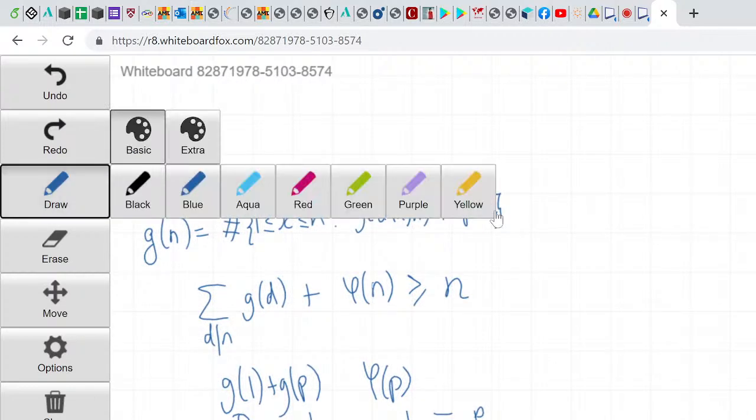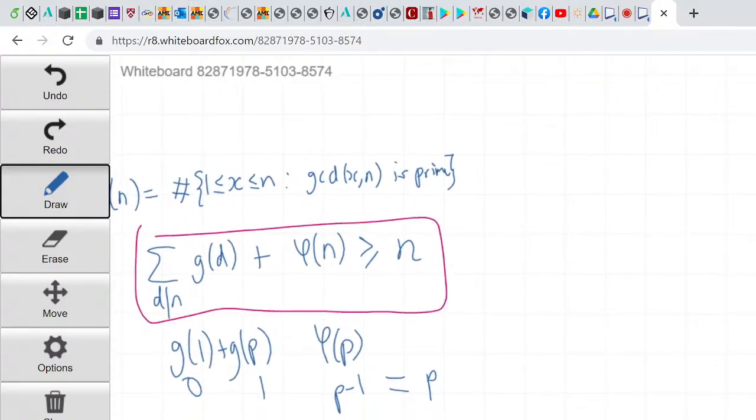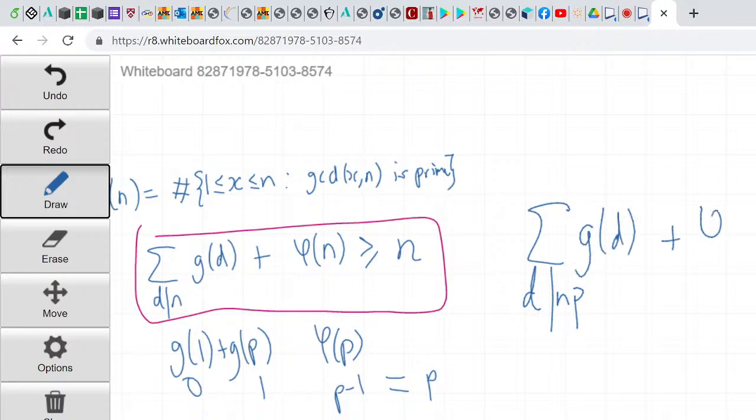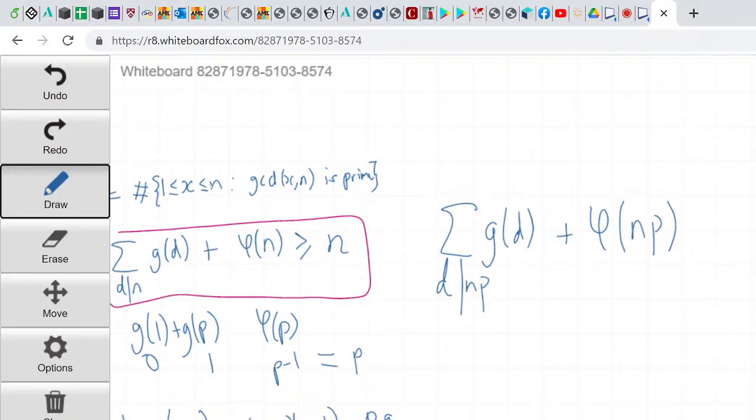So if you had an n for which it's true, and you added a prime, so d divides n, it's like a new prime, let's say, that wasn't part of n before. And then np. Phi behaves well like this, so it's multiplicative. It's just times phi of p, which is p minus 1.